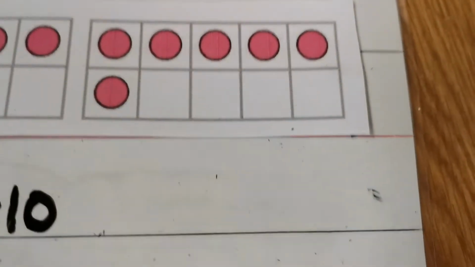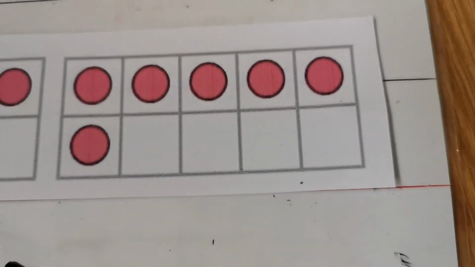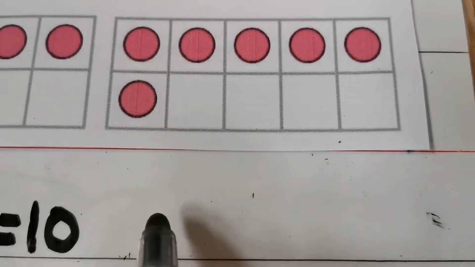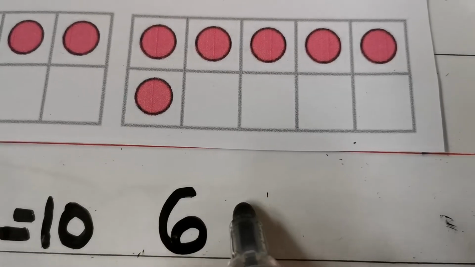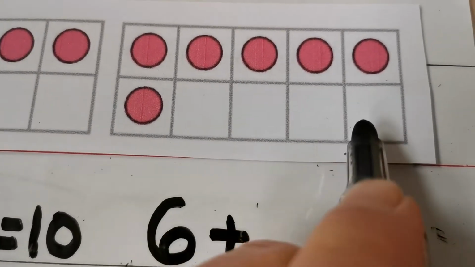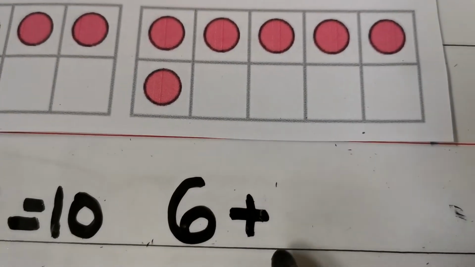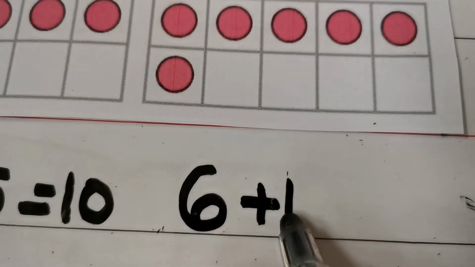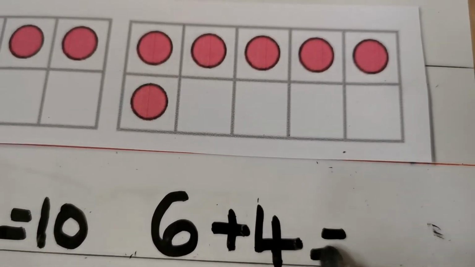The next one, after 5 comes 6. So we've got 6 counters on the tens frame. 6 add, how many blank squares? 6 add what makes 10? 6 add 4 equals 10.